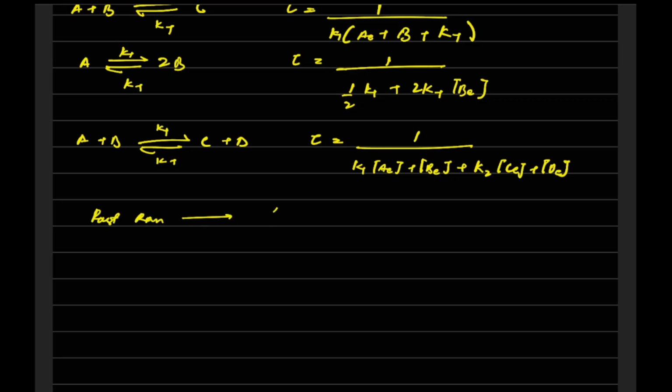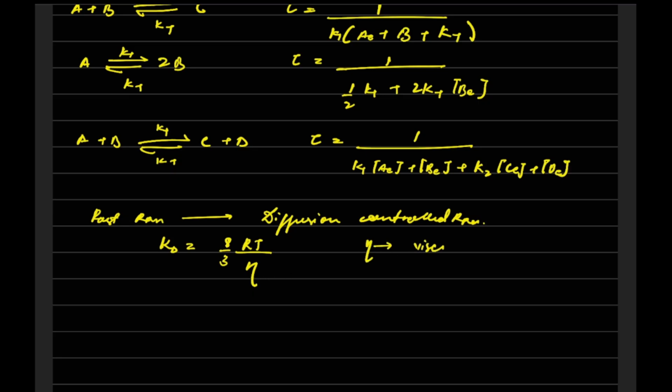For this there is only one formula: Kd, that is the rate constant for a diffusion control reaction, and that is only for fast reactions, is 8/3 RT by eta, where eta is viscosity. Okay, so this is viscosity.